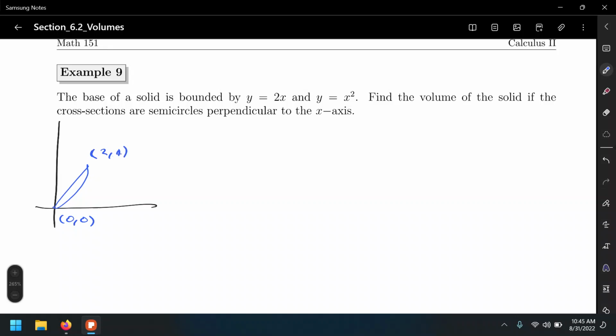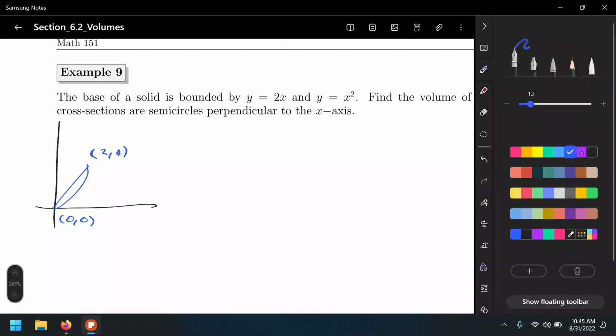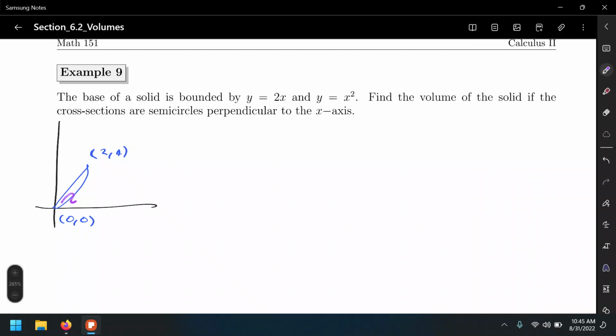Now in this case we want to find the volume having cross sections to be semicircles. All right, so we can think of semicircles popping out of our paper like this, just like in the animation. And again, if we put this into perspective and we were viewing the region in this direction, we would see those cross sections as semicircles.